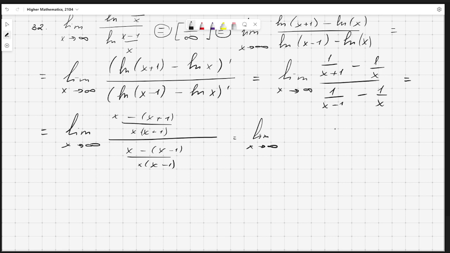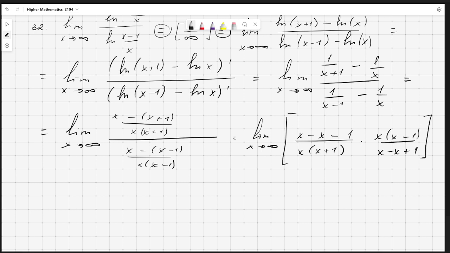We will have x minus 1 over x times x plus 1. Return the quotient that stays in the denominator: x times x minus 1 over x minus x plus 1.